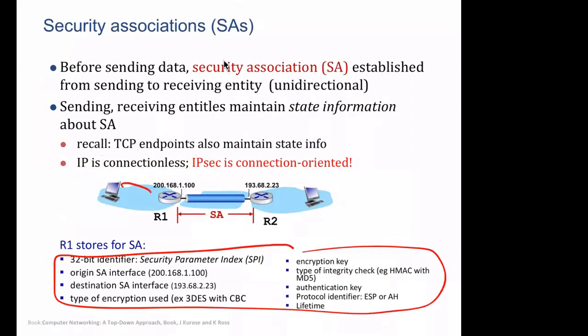And when a packet comes from Alice, this is to be processed according to the security association. So it will say whether ESP is to be used, encapsulating type, or AH is to be used. All this information is known.